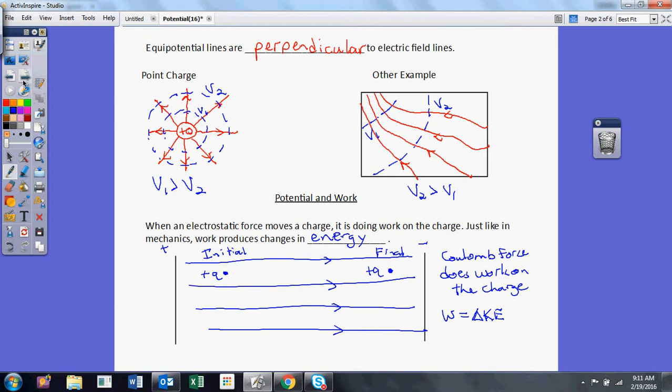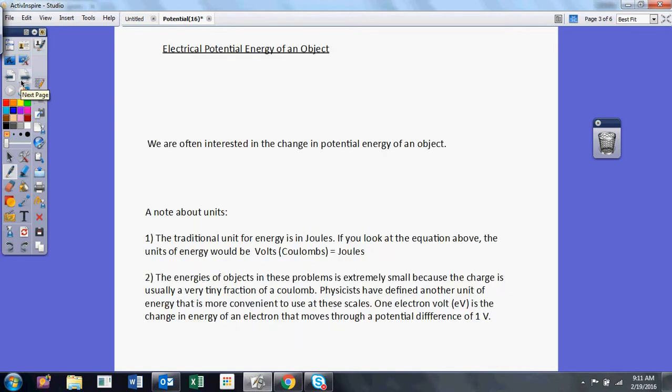So we've talked about electric potential, and there's electric potential energy. A charge that's in an electric field has potential energy, and the potential energy of a charge in the field is equal to the amount of charge times the electric potential. So U is the electric potential energy.